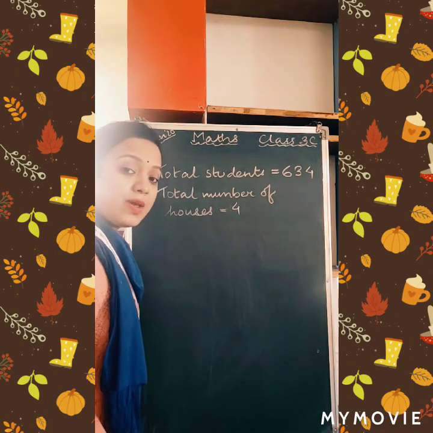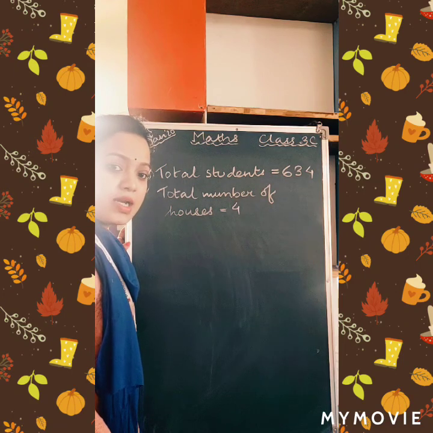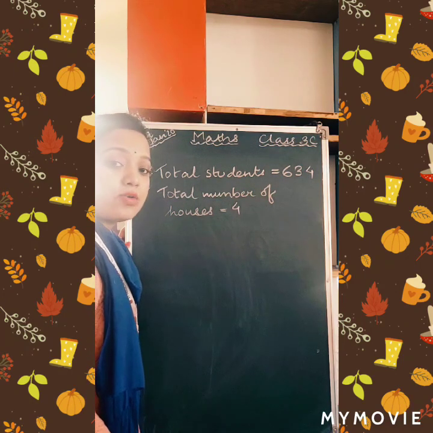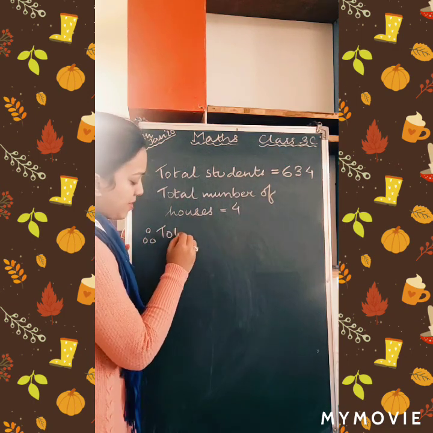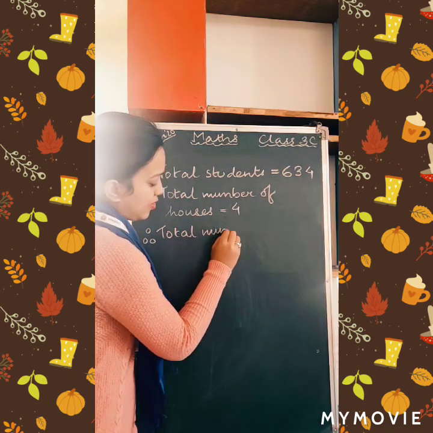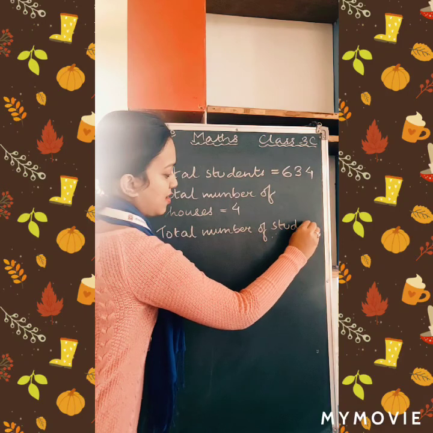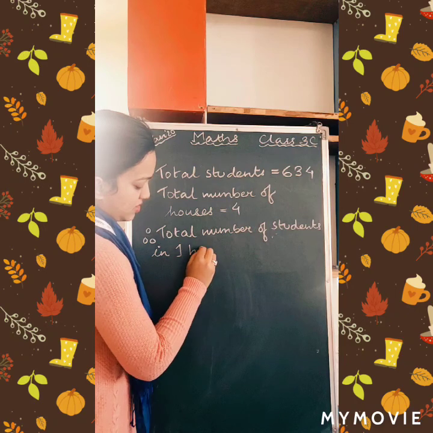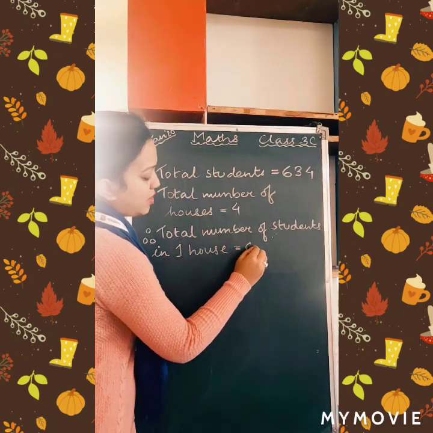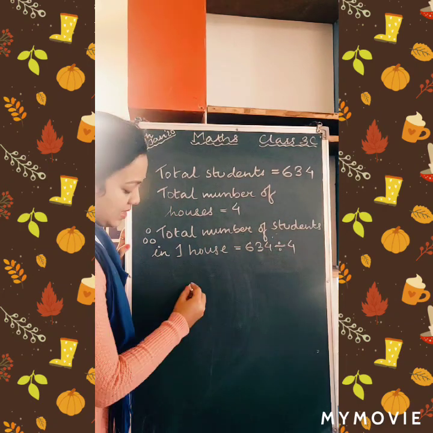So your question will be how many students are there in each house. And if there is any remainder, then these are the students left out. They are not grouped in any house. Therefore, total number of students in one house is equal to 634 divided by 4. Now we'll divide this.